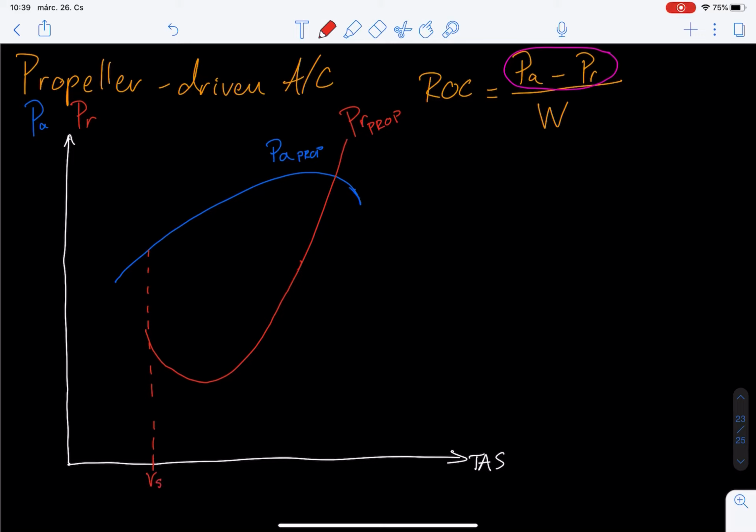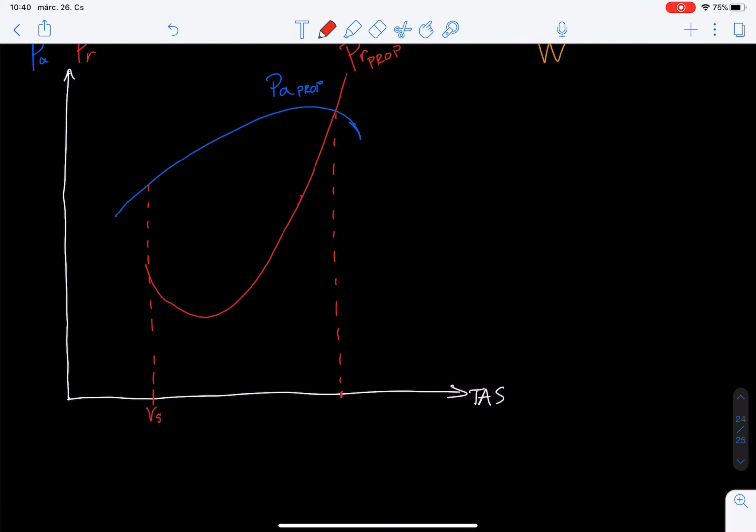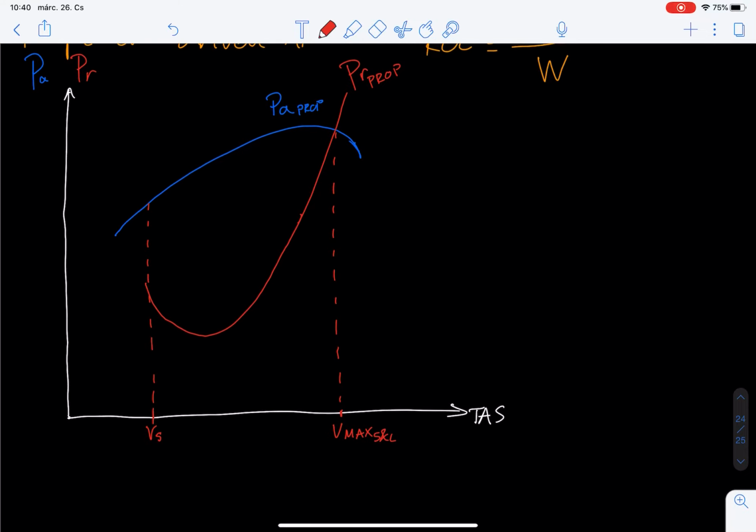Right, here we have the stall speed, and here we haven't mentioned in the previous one the so-called Vmax SNL, so the maximum straight level speed.